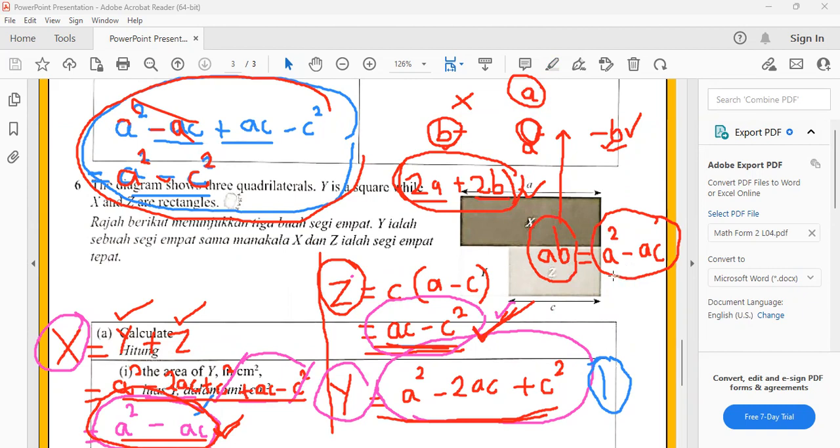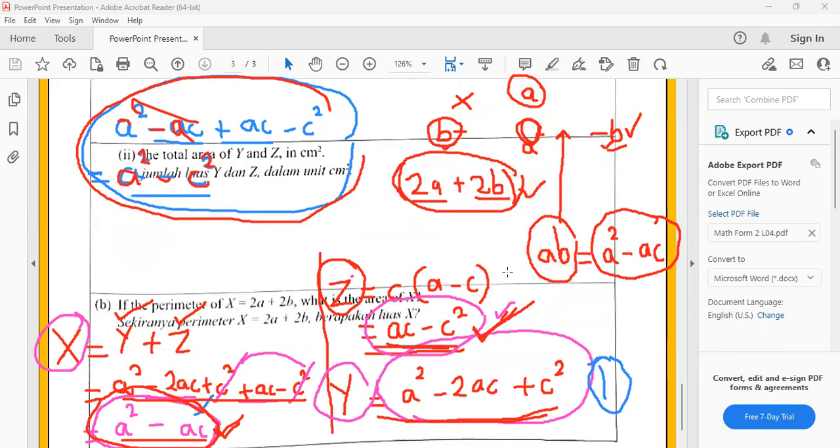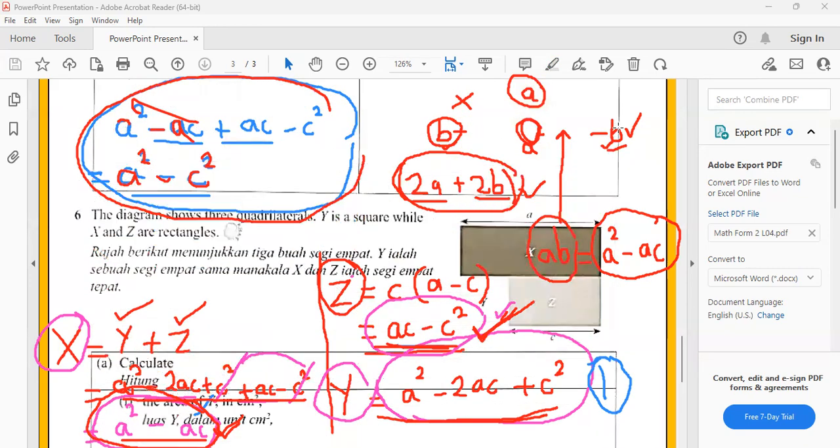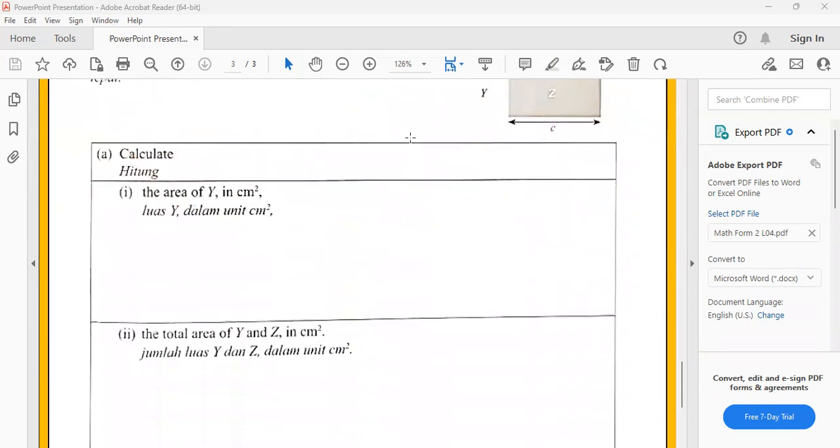They didn't give us anything else to work on. Can you see that? The area of X is AB. I think that's all about it. What is the area of X? The area of X is A times B. That's it. So this is all on this question.